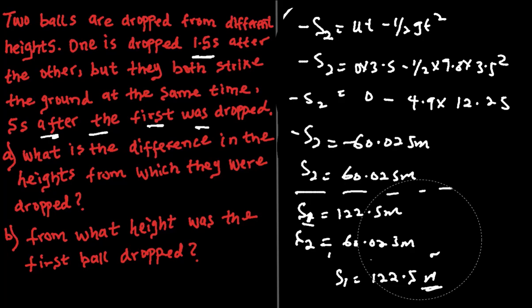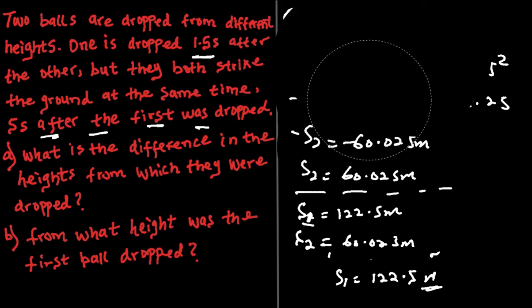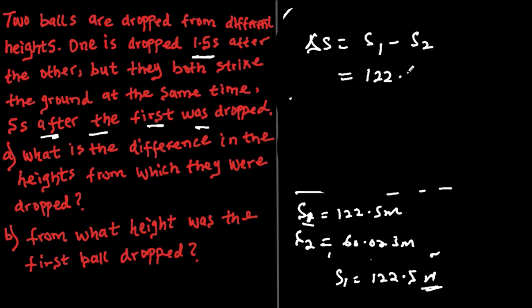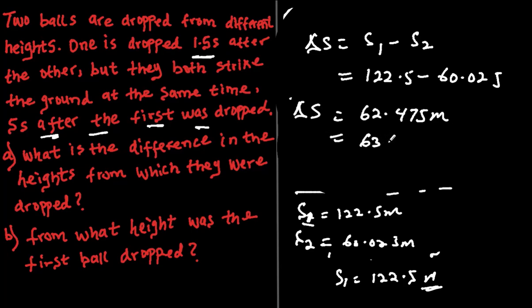The difference in their height is just subtraction. So the change in s is going to equal the height of the first minus the height of the second, which is 122.5 minus 60.025. That's going to give us 62.475 meters, which is approximately 63 meters. So that's the difference in the height. I hope that makes sense to you.